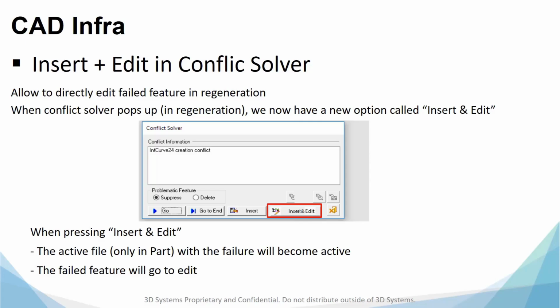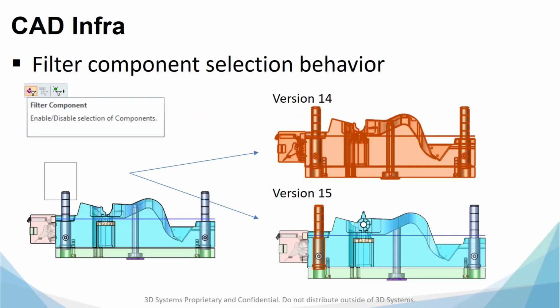When pressing insert and edit, the active file, only in part of course, with the failure will become active and the failed feature will go to edit mode. This improvement actually fixed a wrong behavior we had in version 14.